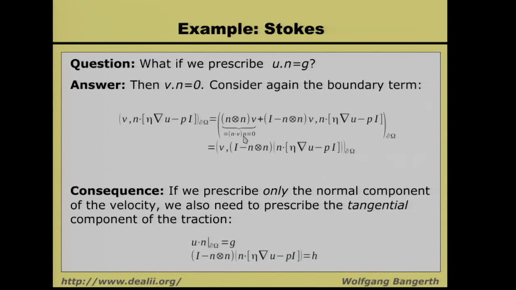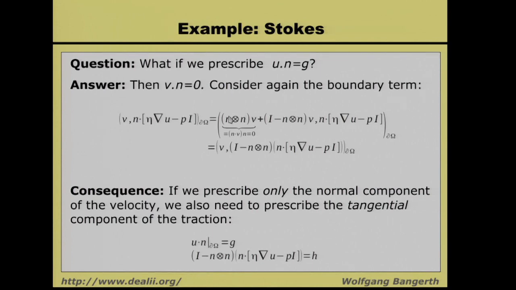For that part, I know that n dot v equals 0. Then I have the tangential part, which is the identity matrix minus n cross n, times v. About this term I don't know anything. I only know that the normal component of v is 0, but not the tangential part.